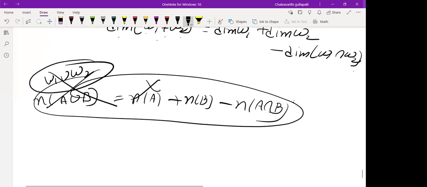In one of the set papers, I think last year, you can find this question. How about three subspaces? What is the formula?